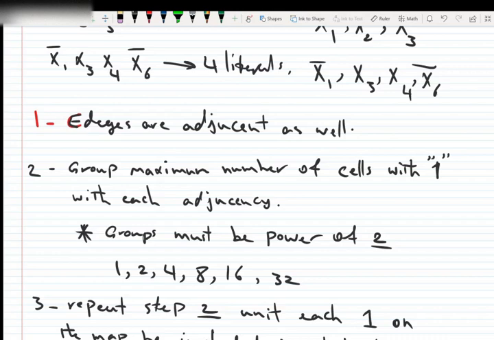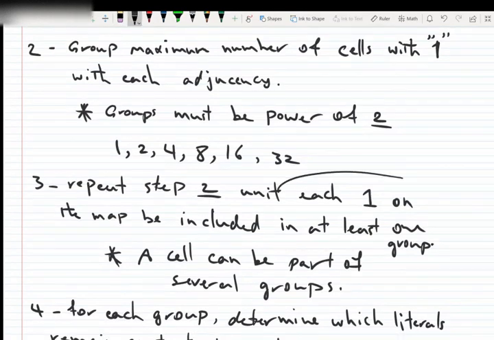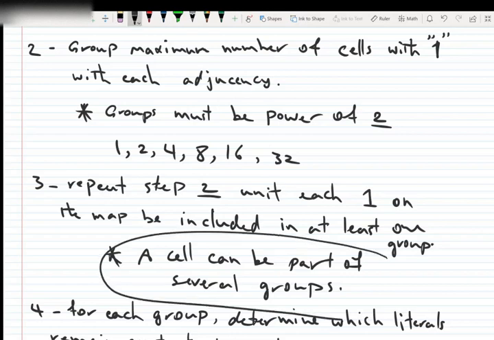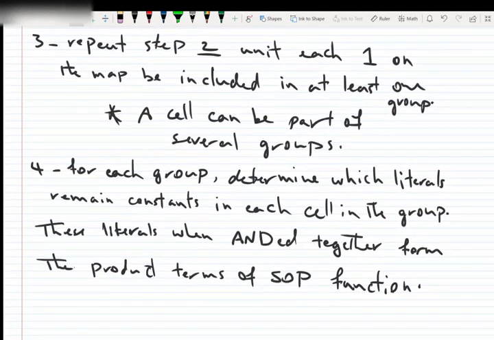When we identify the first group with, for example, 4 cells, then we move and repeat this grouping until all ones in the table are included in at least one group. I said that a cell can be part of several groups, and finally for each group we determine which literal remains constant, and then use the sum of products form to simplify it.